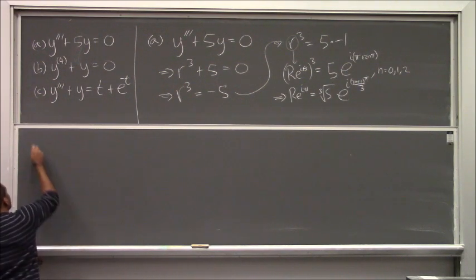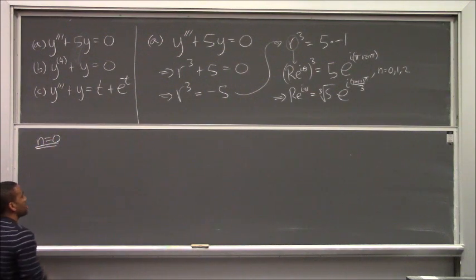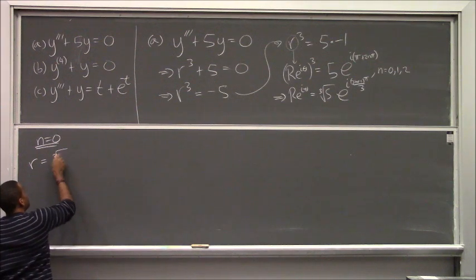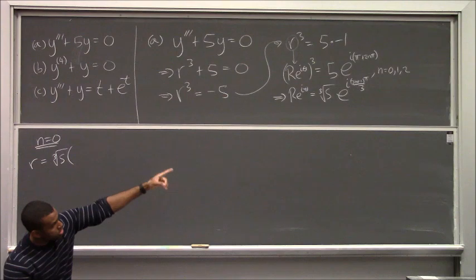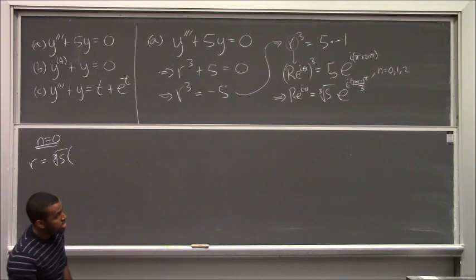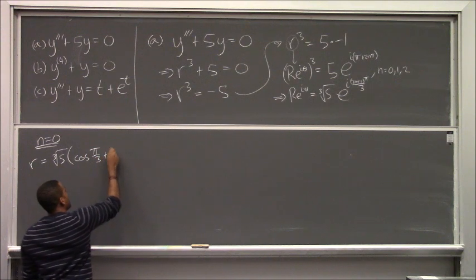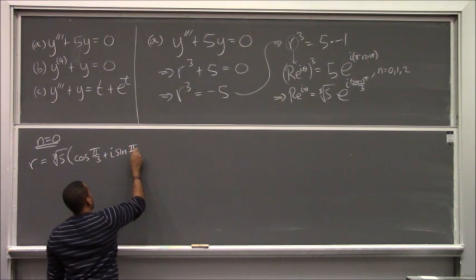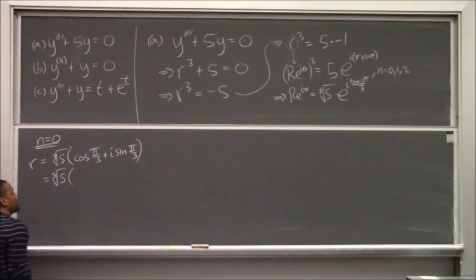So what you would do is, of course, for n equals 0, your r is going to be equal to the cube root of 5 times e to the i pi over 3, which is cosine of pi over 3 plus i sine of pi over 3. Cosine of pi over 3 is 1/2.